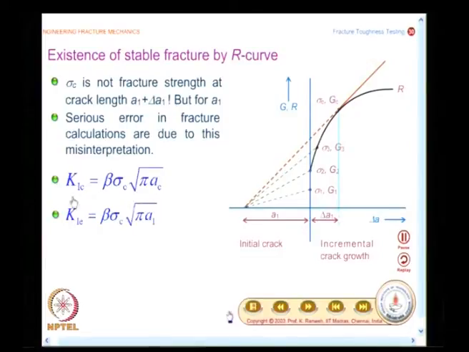So, people came out with apparent toughness, which is K1e, which is given as sigma c square root of pi a1. We would see this graphically. Once you look at the graph, you will be able to appreciate this alternate definition. So, in thin panels, you will always have a stable fracture followed by unstable fracture.